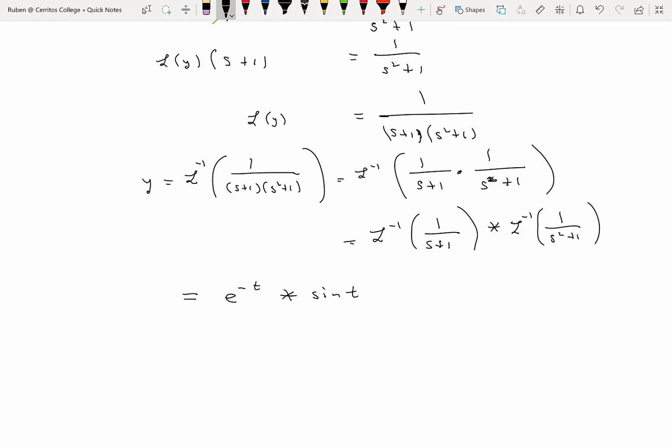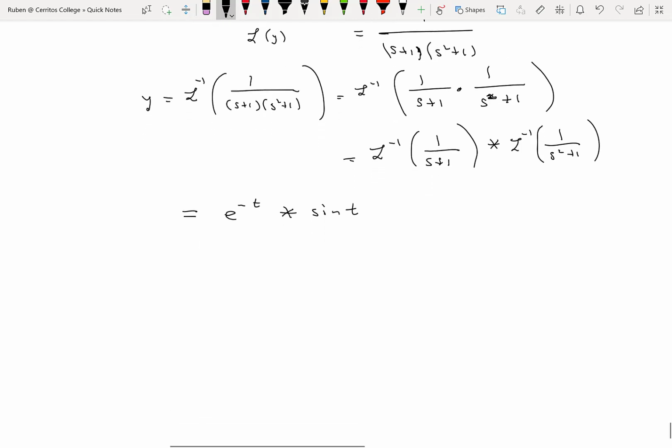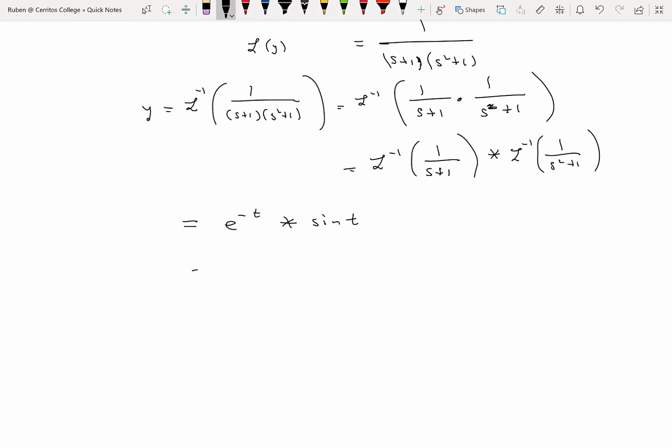So let's keep going with this. Let's perform this convolution. This is where the question, should we have used partial fractions, would probably come in, because the actual convolution could be an involved integral.